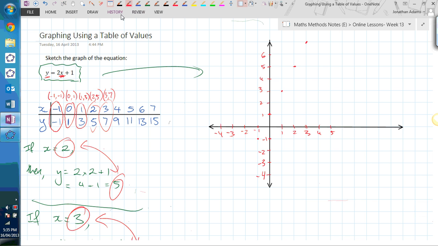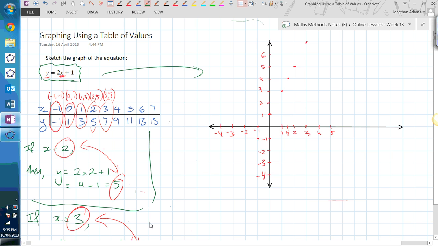Something that this pattern implies is, what if I picked a point halfway between these? If I picked a point here, say at 1.5, what would I expect the y value to be? If we assume that this linear pattern continued, I would expect it to be here at 4. So let's check.